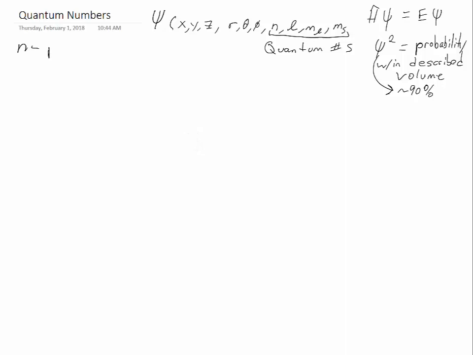And n is the principal quantum number, or the shell number. And n can be any positive integer.